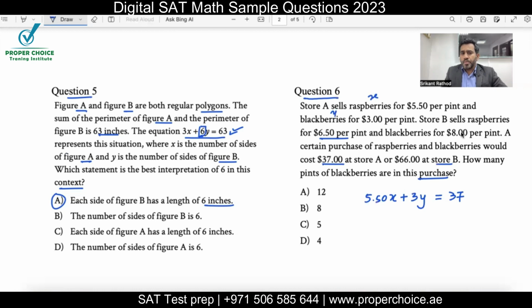Similarly, at store B, $6.5 per pint for raspberries and $8 per pint for blackberries. So we can say 6.5x plus 8y, and the total amount paid at store B is $66. Now what are we going to do? Calculate the value of y, because the question asks how many pints of blackberries are in this purchase. So it's basically what is the value of y.